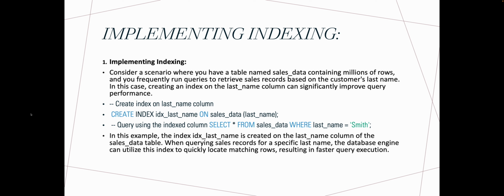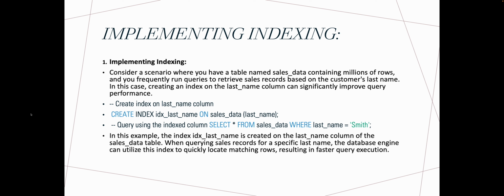Implementing indexing. Consider a scenario where you have a table named sales data that contains millions of rows. You frequently run queries to retrieve sales records based off the customer's last name. In this case, if we created an index on the last name column, it can significantly improve query performance.